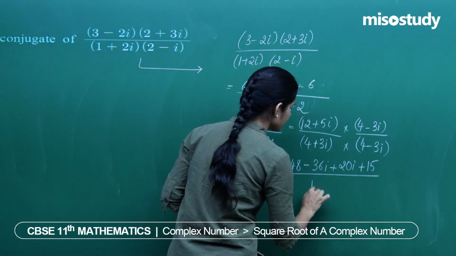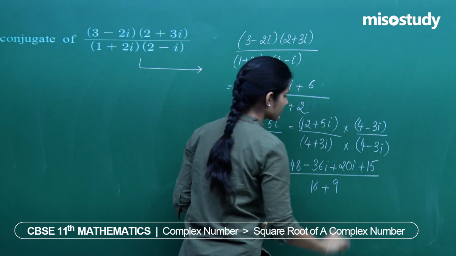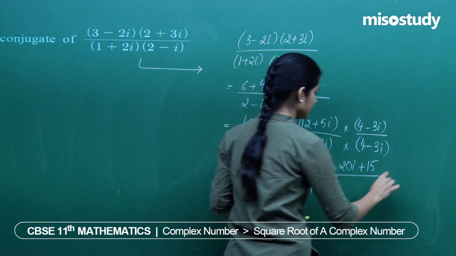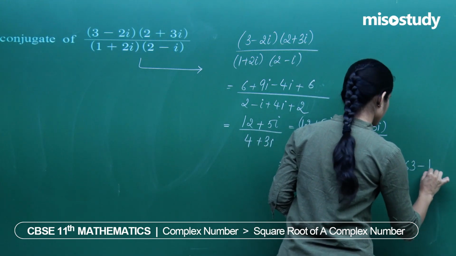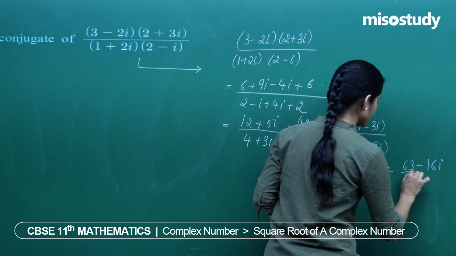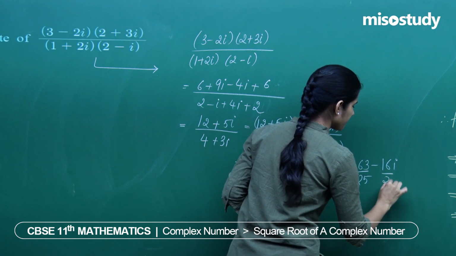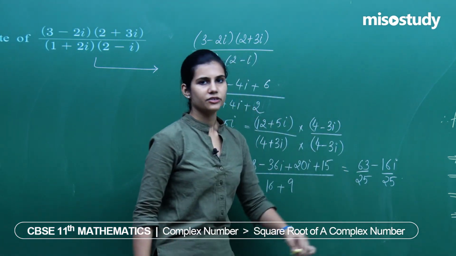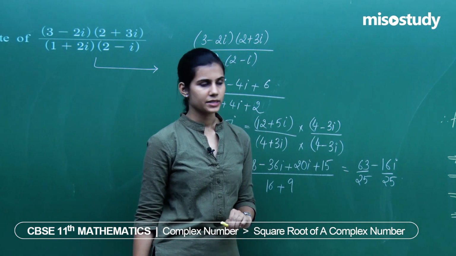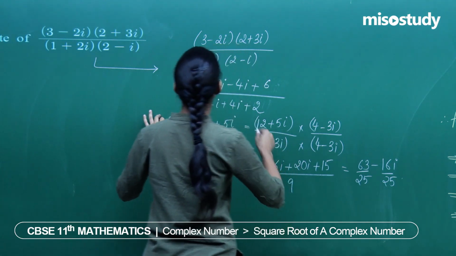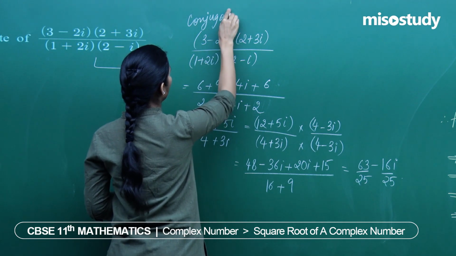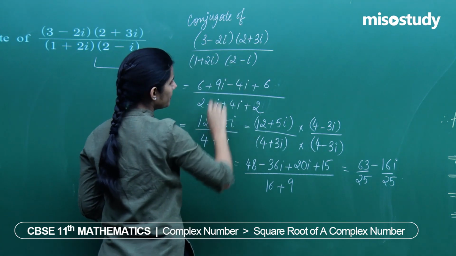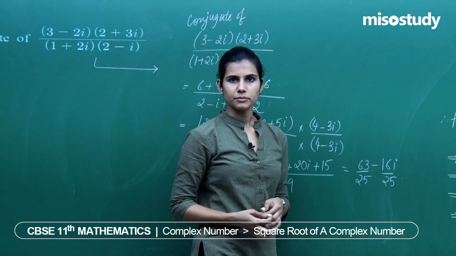A plus b, a minus b is a square minus b square. 48 plus 15 gives you 63 minus 16i upon 25. And this is the required conjugate of your given complex number.